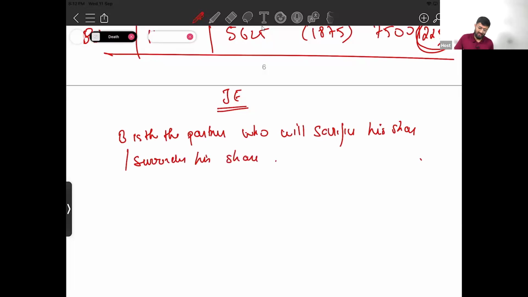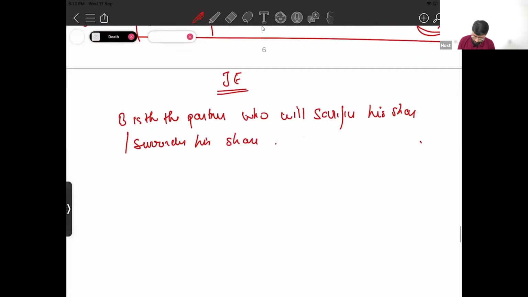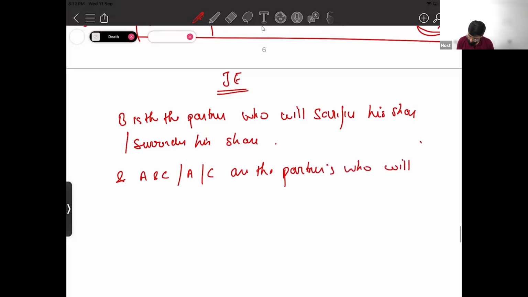He will surrender his share to the business. And A and C, or only A, or only C, are the partners who will gain out of B's share.